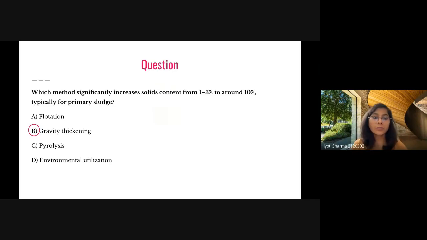So that's how this answer will be gravity thickening. Not flotation, because this is for secondary sludge. Not pyrolysis, because we are talking about concentrating, not reducing. And environmental utilization is also not the right answer. So B is the right one.